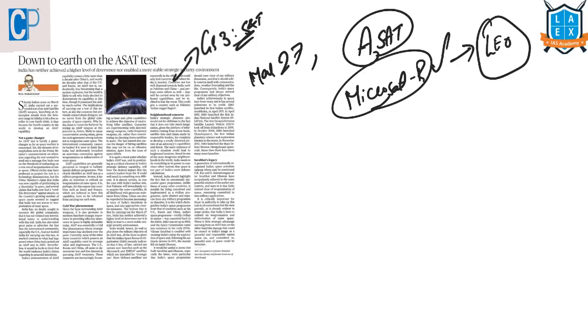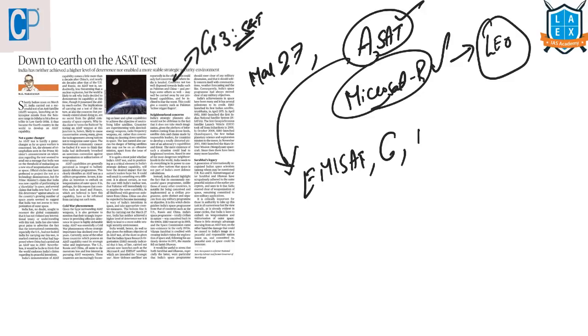Now, from the prelims point of view, from this article, we are going to see about four things. One is, what is this anti-satellite test, and what is EMISAT, and what is Chandrayaan, and what is Mangalyaan. First thing, let us see about this anti-satellite test. This anti-satellite test is a technological capability.